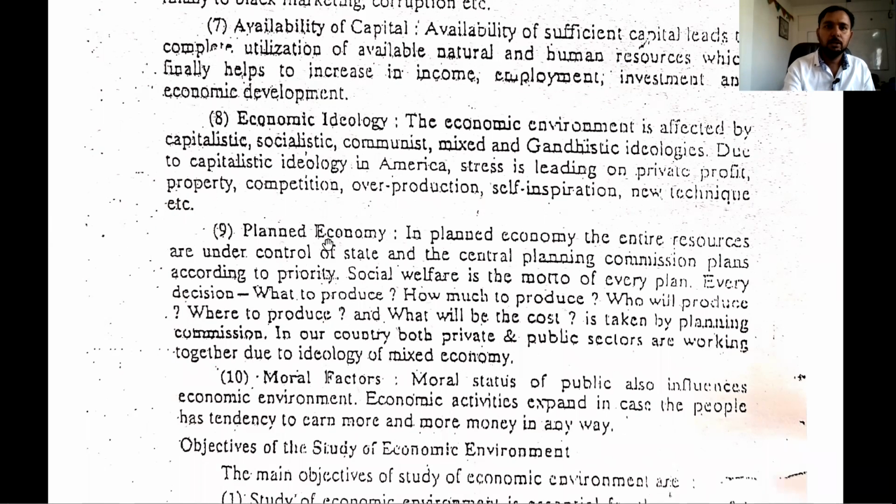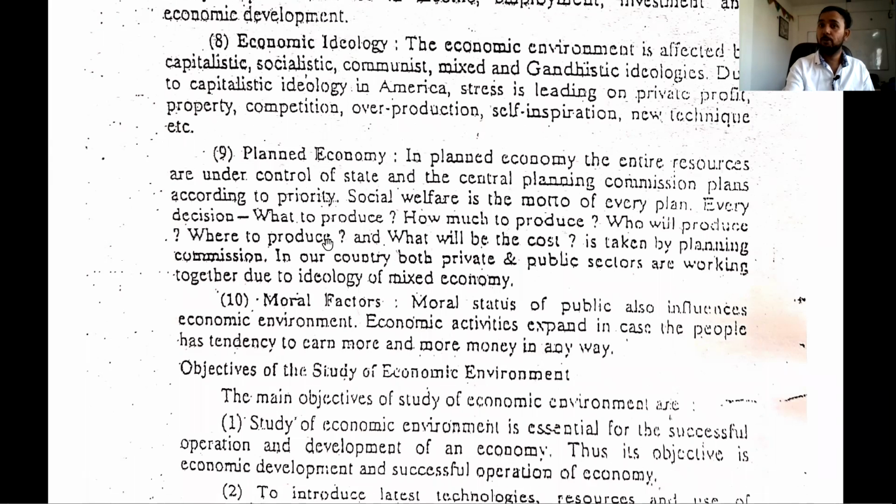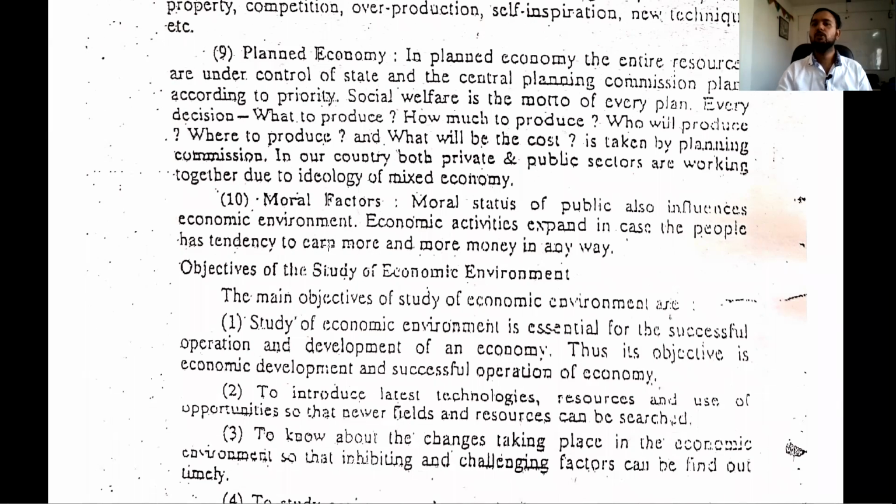Now we will go further. Economic ideology: how the socialist, capitalist and communist systems think about the product and the company. And planned economy. In a planned economy, there is very high interference by the government, because the government decides what to produce, when to produce, and where to produce.